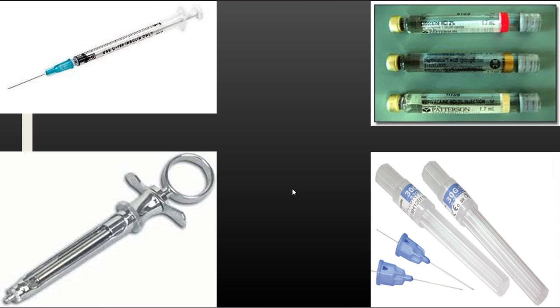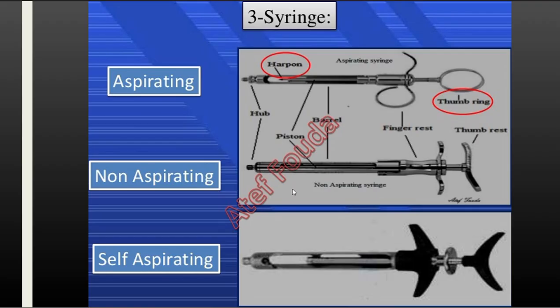the risk of breakage. Now, the syringe we can have aspirating syringe, non-aspirating, or self-aspirating. Now, it has the hub, the piston, like a pistol, the barrel, and the harpoon. Now, the aspirating syringe has a harpoon. This harpoon, once we do the opposite movement.